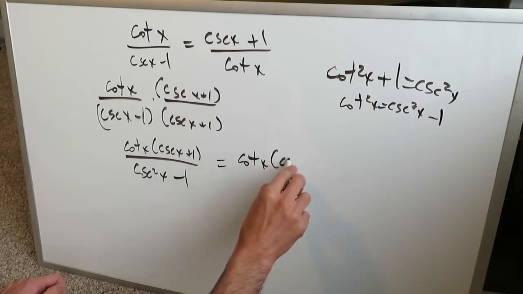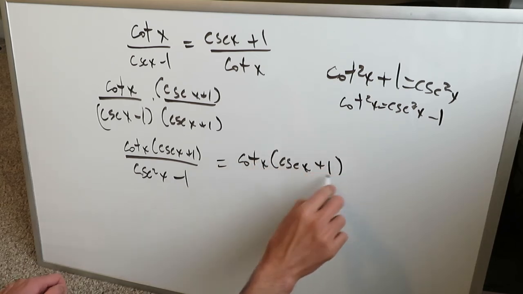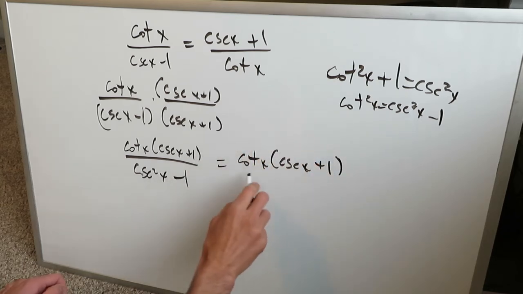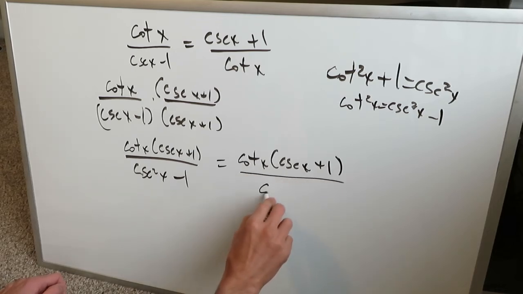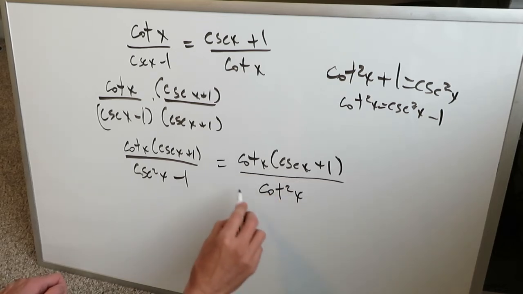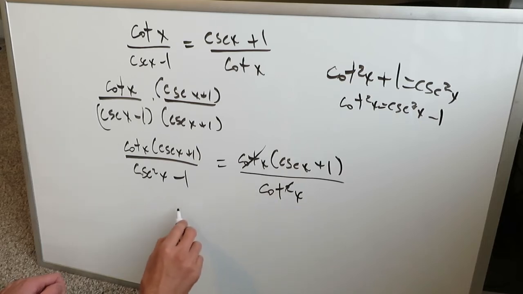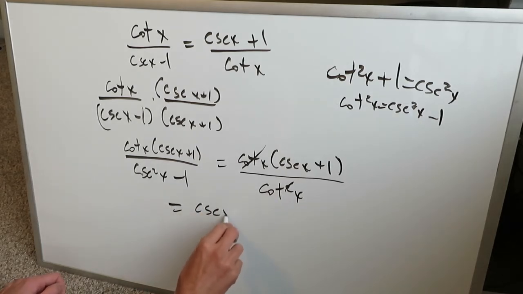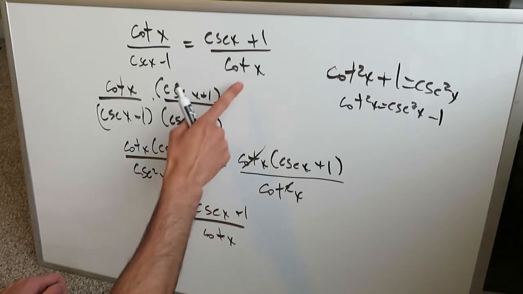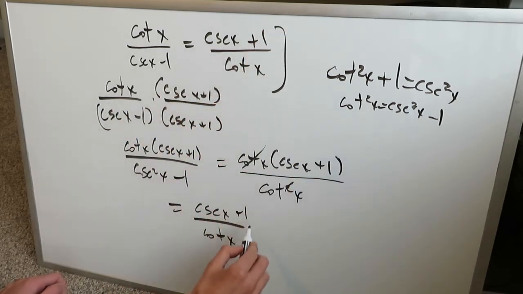Cotangent x times cosecant x plus 1. Here you're not of any benefit opening the numerator because it'll just add more work. Here you get cotangent square x. You can cancel this out for this exponent, and you end up getting cosecant x plus 1 divided by cotangent x, which is exactly what you have to show right over here, and your question is done.